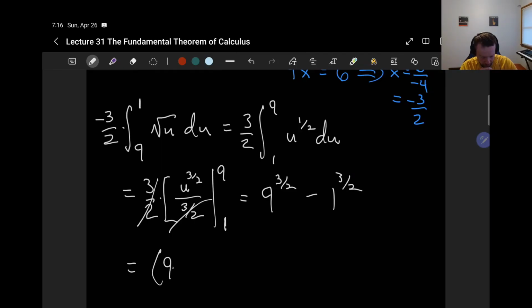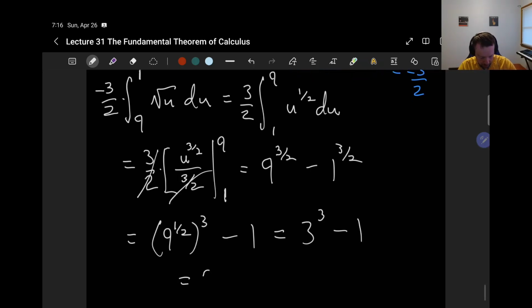We could even write an extra step there if we want to. Remember, by exponent rules, I would be multiplying these. That gets me back to 3/2 from the previous step. So the square root of 9 cubed minus 1, that is 27 minus 1. The answer is 26.